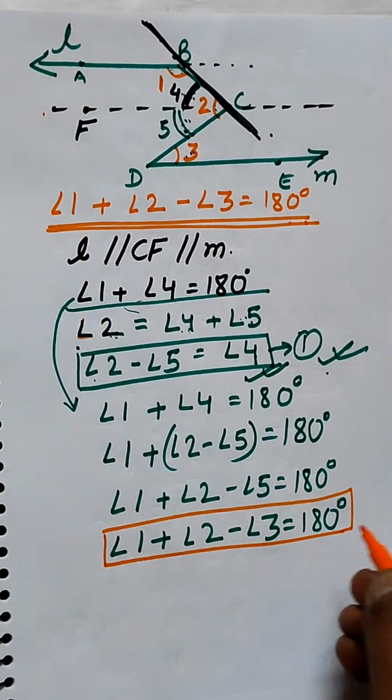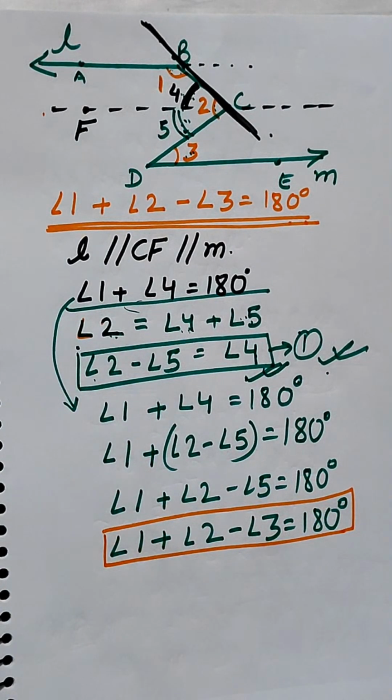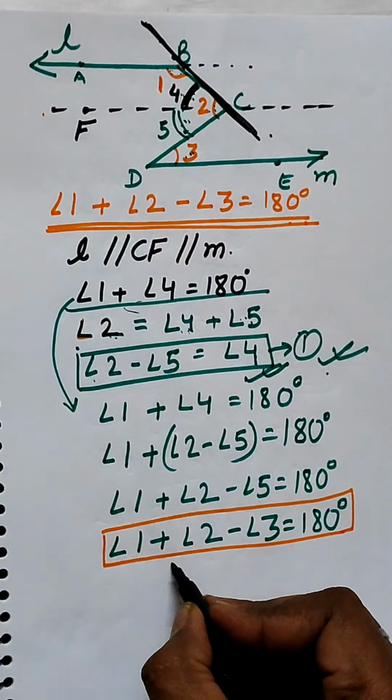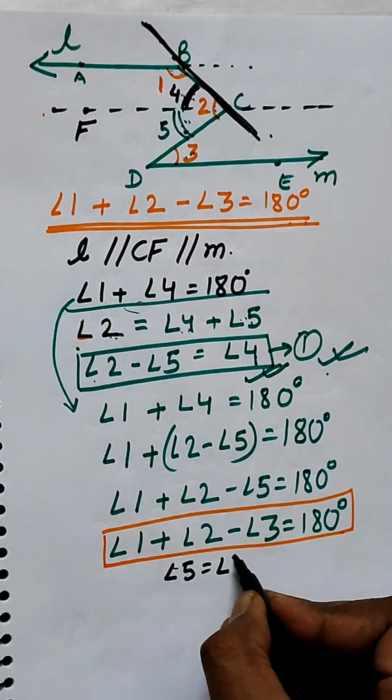So what is the additional thing which we have taken? That angle 5 is equal to angle 3.